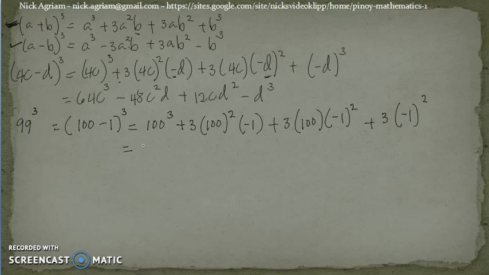Then we have 1 million, or 10 raised to the power of 6, minus, that will be minus because of the negative 1, so minus 3 multiplied by 10,000, and then plus 300. And then we have negative 1.